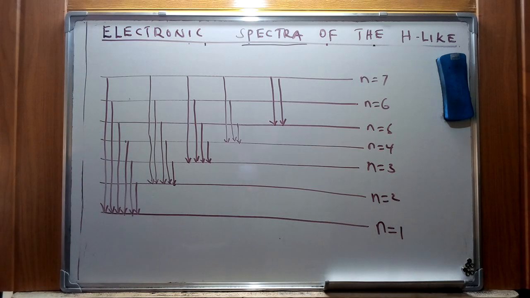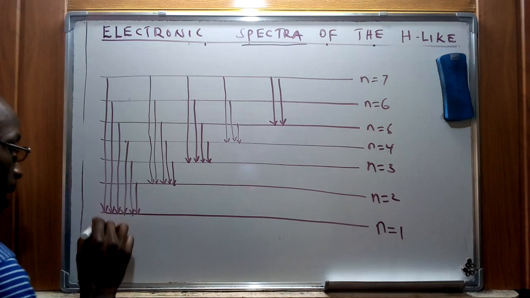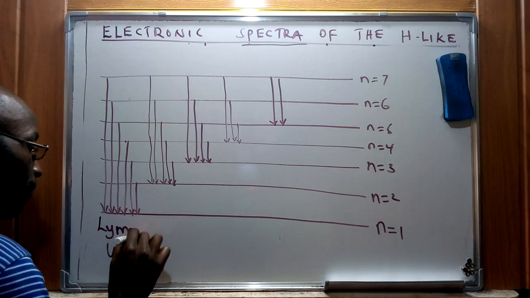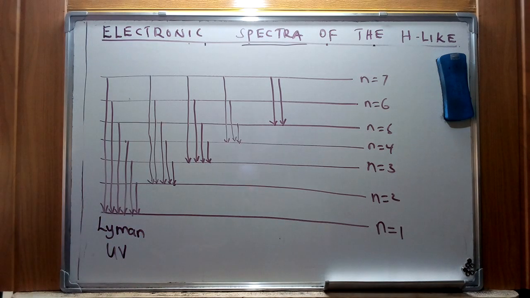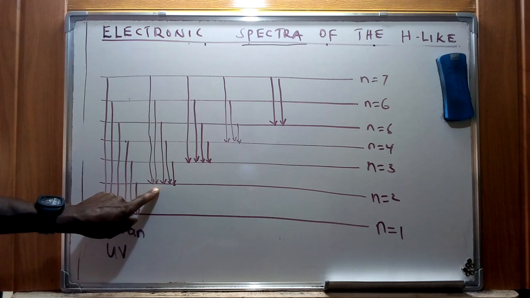This particular transition is going to occur in the UV region of the electromagnetic spectrum, and this is going to give a spectral series that is referred to as the Lyman series.